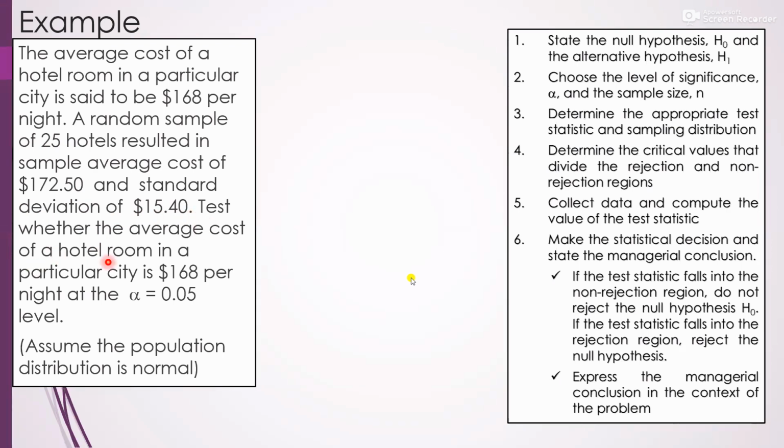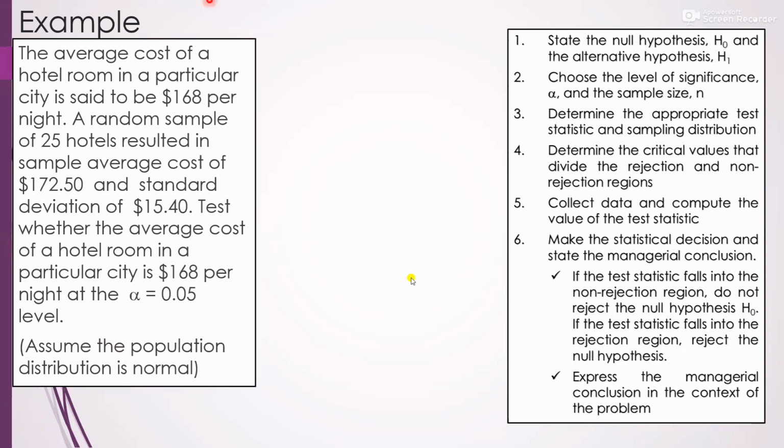Test whether the average cost of a hotel room in a particular city is $168 per night at the 5% level of significance. Assume the population distribution is normal.